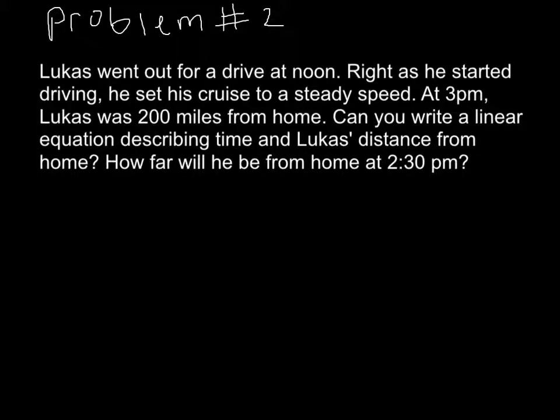Hi, so here is problem number 2 for linear equations, and I will give you a second to read it. So one thing this problem tells us is that it says he set his cruise to a steady speed, which basically is inferring that it's a linear equation, because linear is a constant equation.